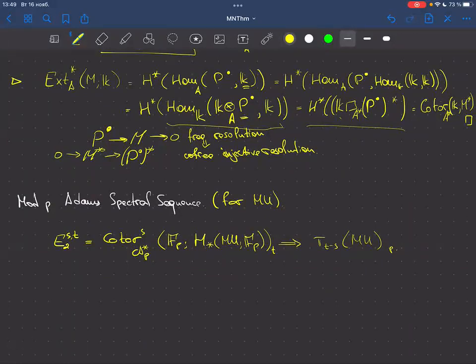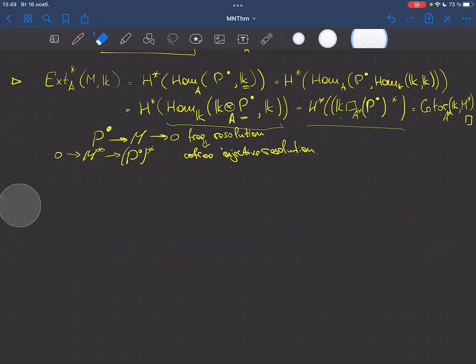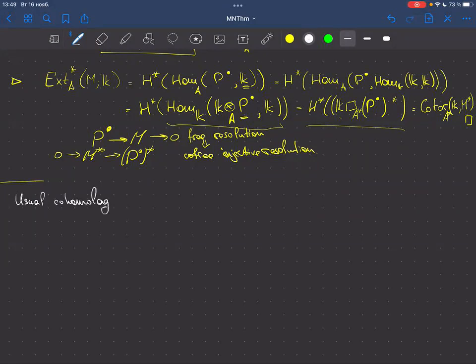So, yeah. Let me recall something. We have discussed something like this. So we already had the usual cohomological Adams spectral sequence. It looks like this.